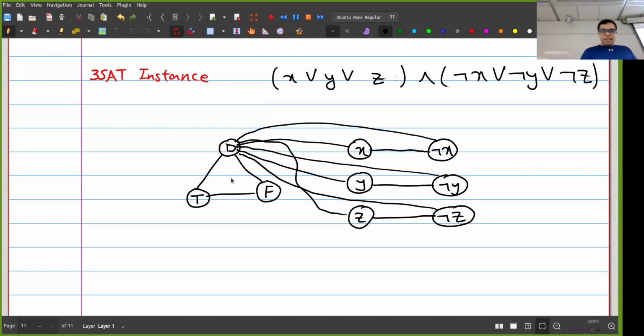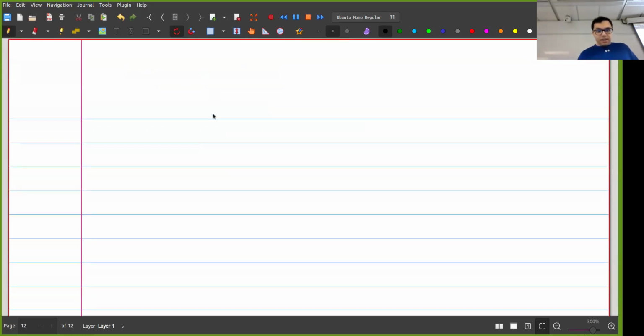Well, here's a simple thing. Let's say I have 2 vertices in my graph. I have vertex A here and I have vertex B here. Now, we said that each one of these vertices is going to get a value, a color, which is either the color of true or the color of false.